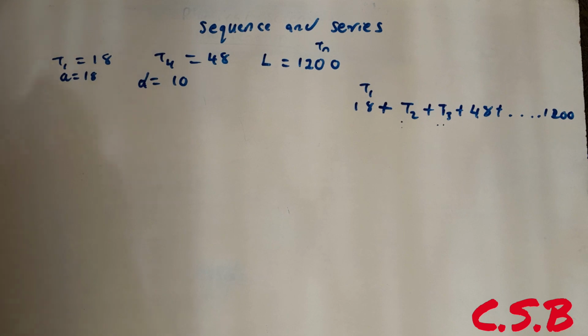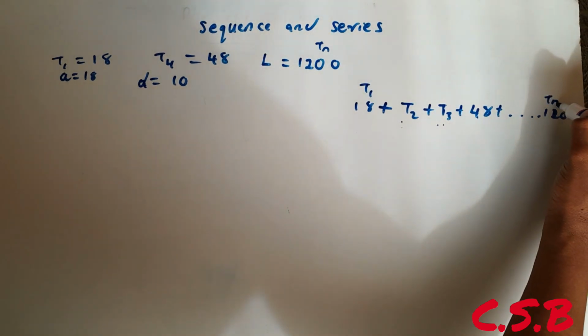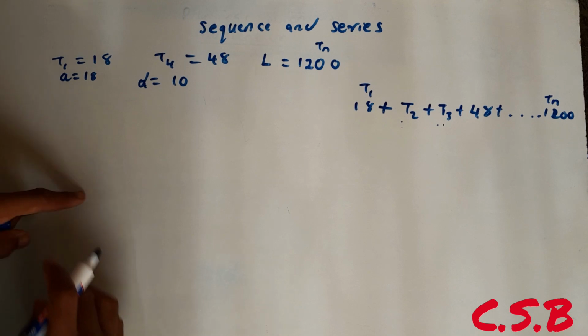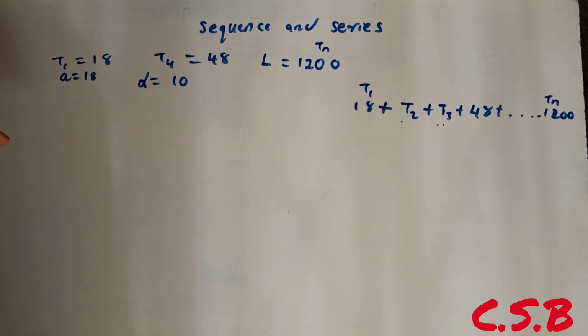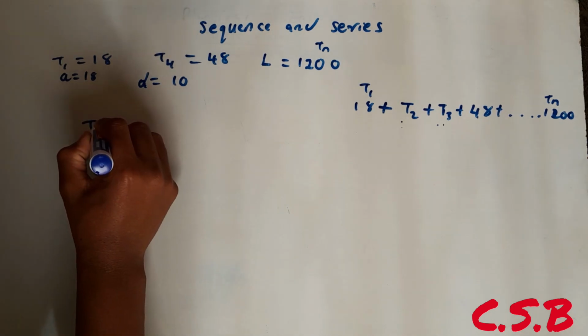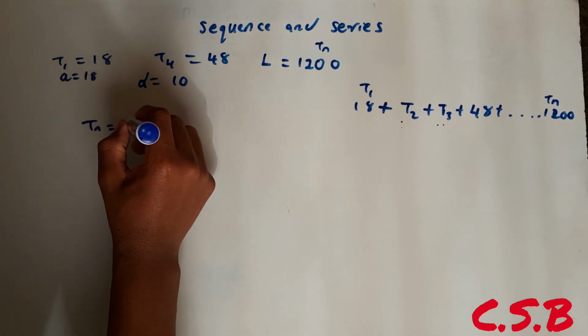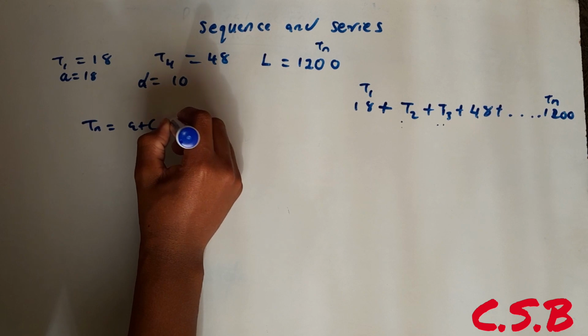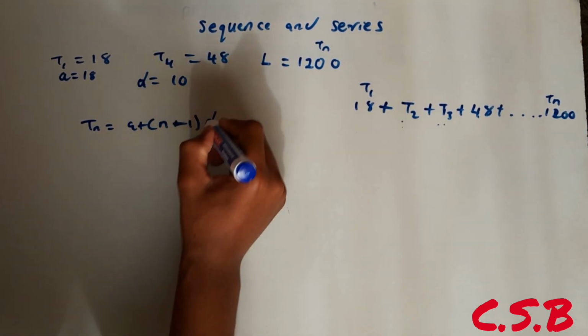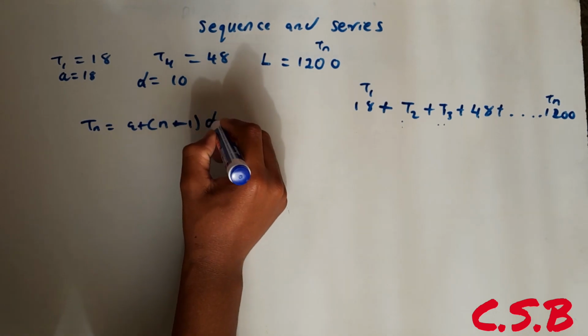So now we're calculating the number of terms. The number of terms in a sequence, we equate this to Tn, which is the nth term. Calculating the number of terms will obviously use the general equation, Tn is equal to A plus n minus 1 times the difference. So there is our difference.